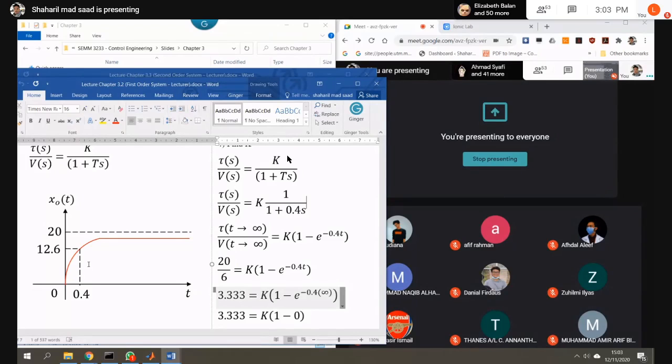So this goes into your first order equation.